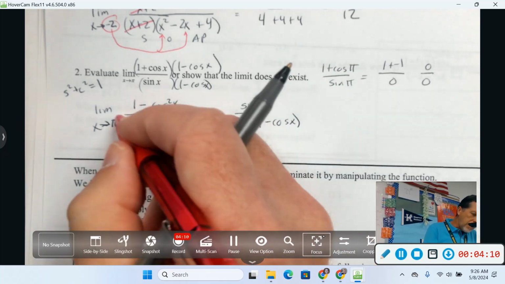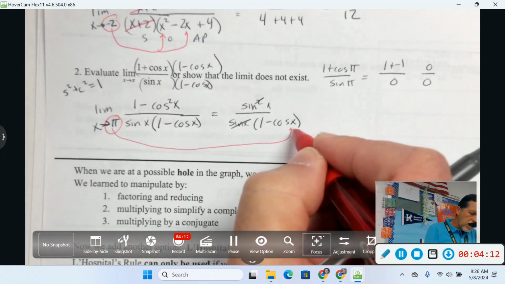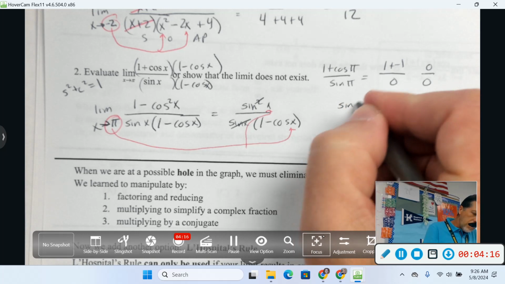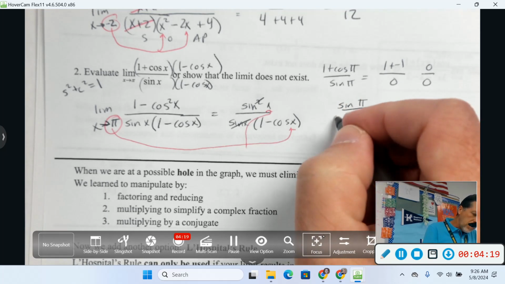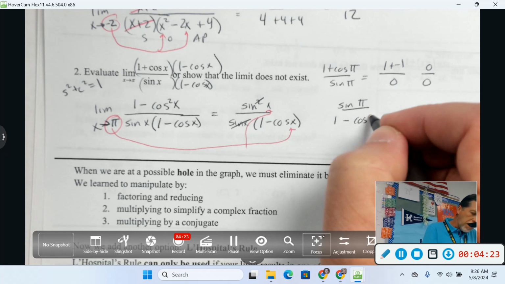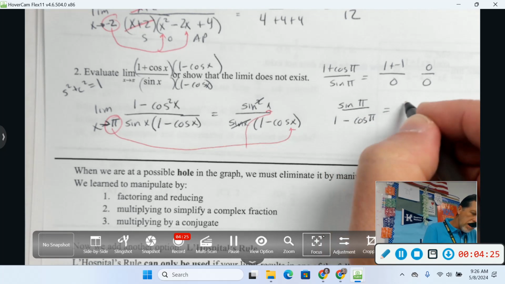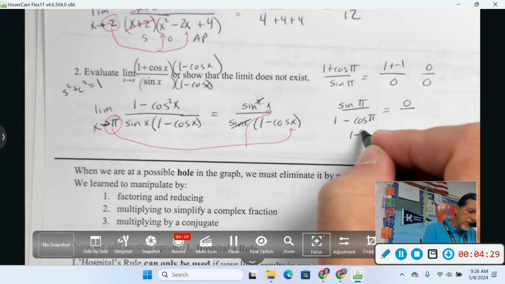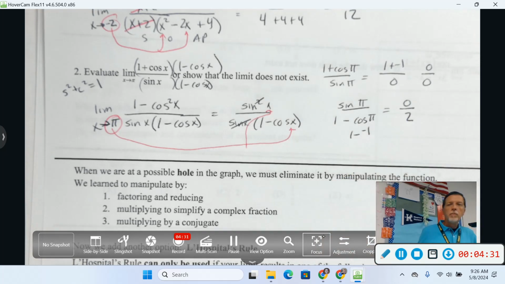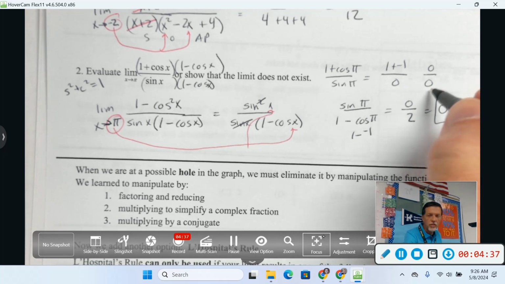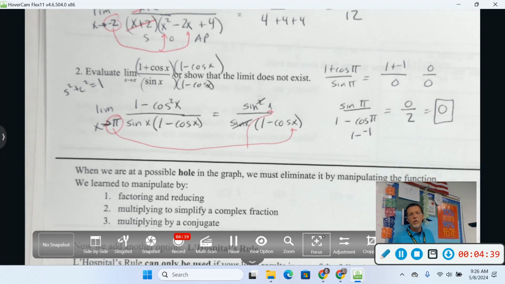Then we try again with our substitution. So sine of pi over 1 minus cosine of pi. 0 over 1 minus -1. So 1 plus 1, so 2. And 0 over 2, that's fine. That's just 0. 0 over 0 we didn't know, but now we've got 0 over 2.